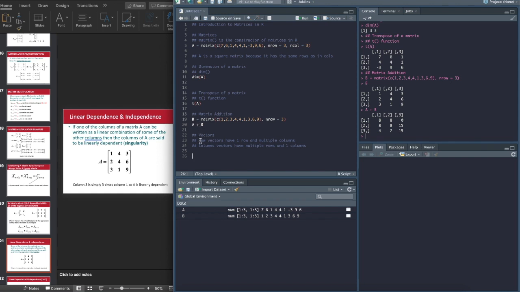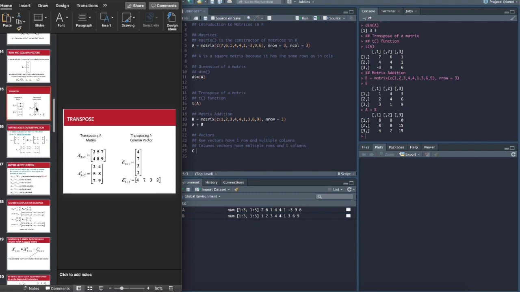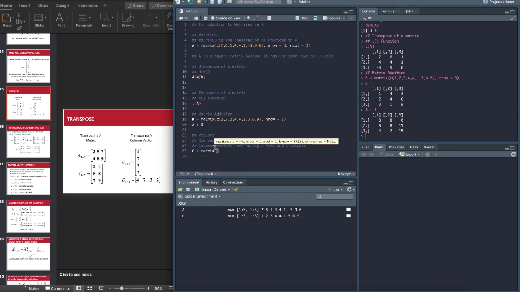So let me show you how to create one. Let's create a vector C, and let's say it is a column vector. Let's suppose that this is matrix C. We can also use the matrix constructor and concatenate the values 4, 7, 3, and 2.